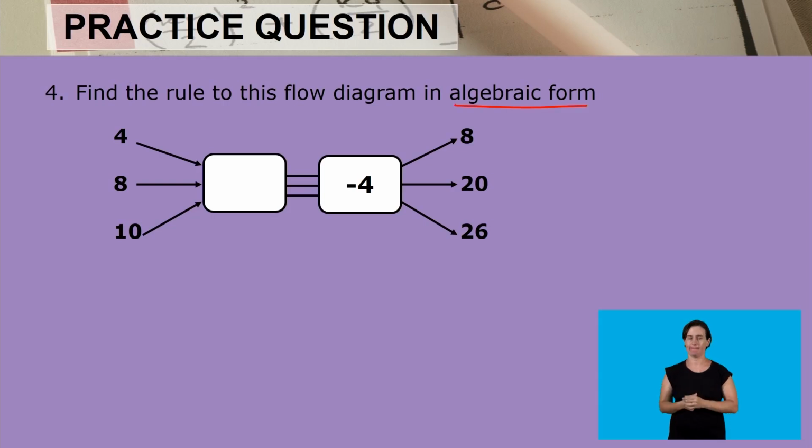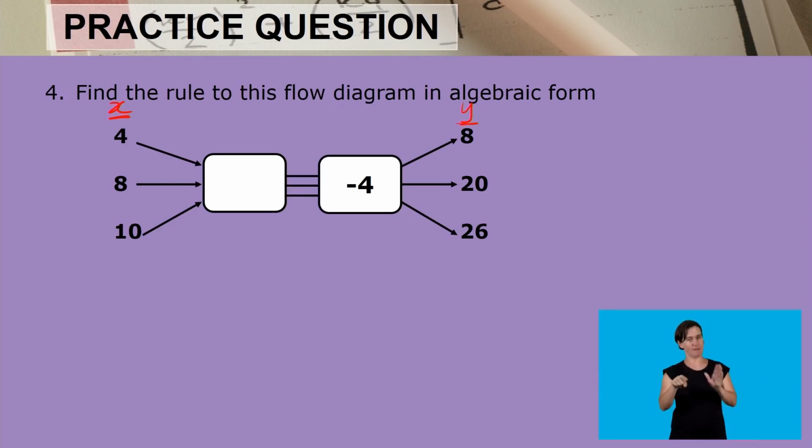Now remember, when we already have our output values, all we need to do is to use our additive inverse and multiplicative inverse for us to get to the input. And since as well we have the input, we are only going to use the additive inverse of that minus 4. We can see that the last part of our flow diagram is the minus 4.